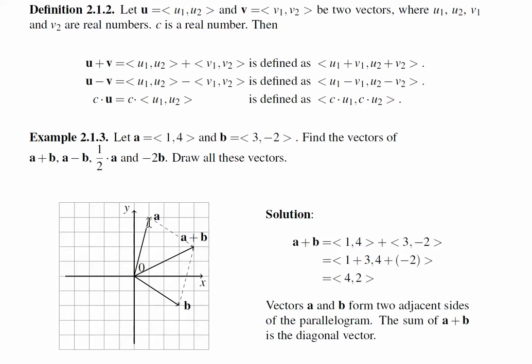You may also think of it in this way: if you shift our vector OB to here, because two vectors are equal if they have the same direction and the same magnitude.